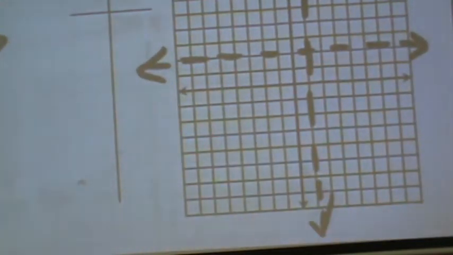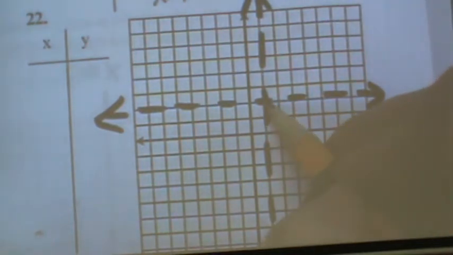So is anyone lost on how to find the asymptotes? The opposite of this number gives you your vertical asymptote. This number gives you your horizontal asymptote. What do you do from there? What two quadrants are you in? 2 and 4. Good job. From the origin, which is this spot right here, you're gonna go over 1, up 3, and over 3, up 1. So there's one branch.